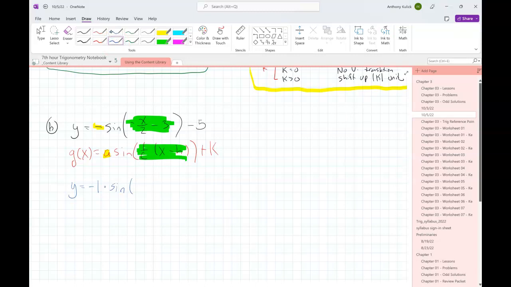So I would do this in 2 steps. Everybody okay with that? I would start by trying to factor so that the leading coefficient on my x is 1. Right now, what is the leading coefficient on the x? Negative 1/2.